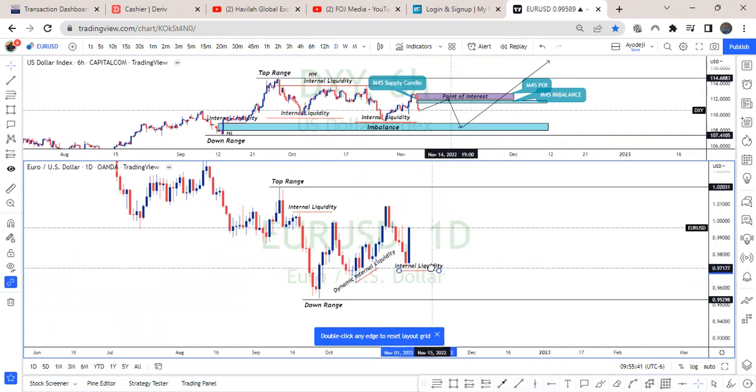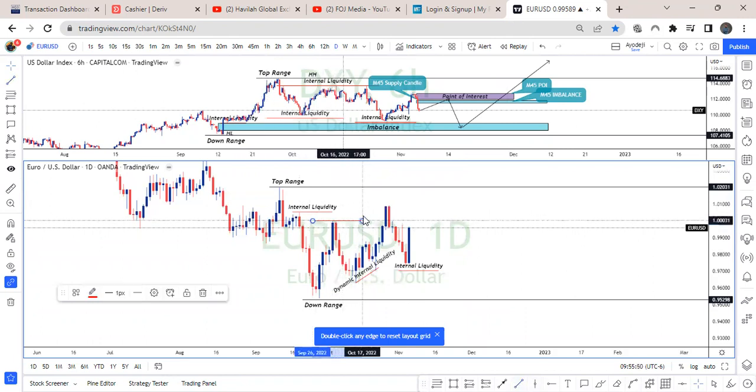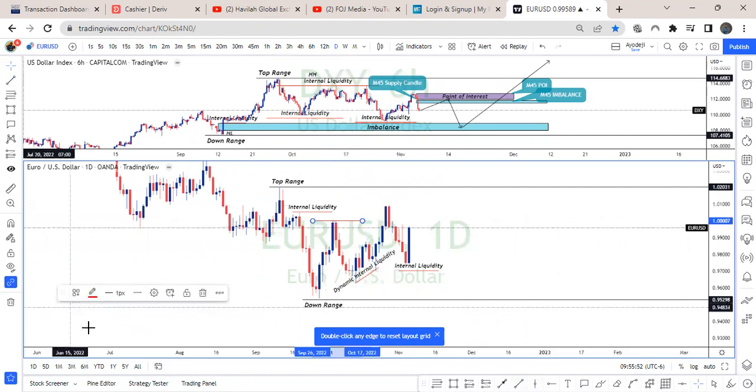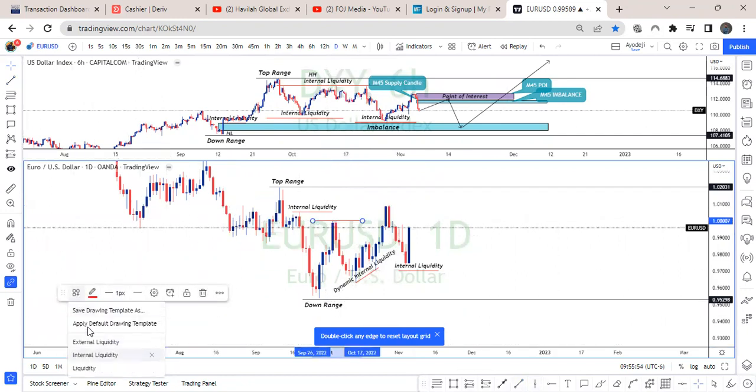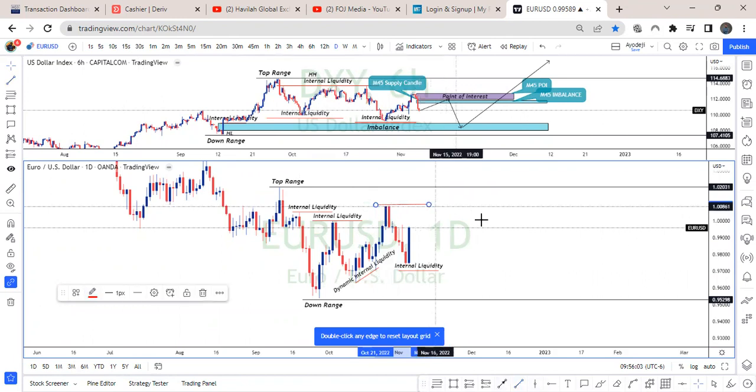This also is internal liquidity that was taken out by this move, but I will still label it for educational purposes. Another internal liquidity was created here, guys.